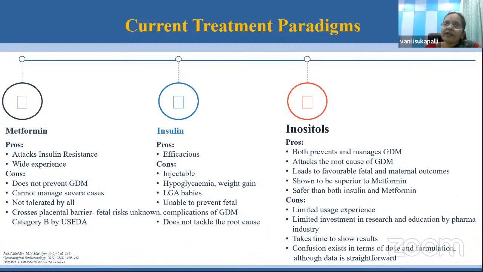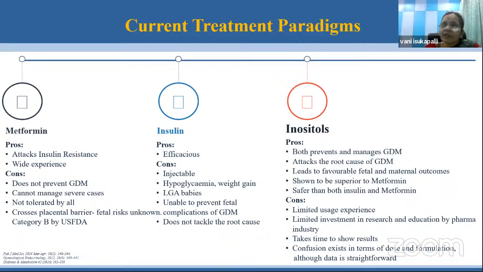And now we have another group adding to the armamentarium, that is inositols. Inositols have a unique advantage that they can also prevent gestational diabetes apart from managing them. They are known to attack the root cause of GDM, that is insulin resistance. Favorable fetal and maternal outcome.